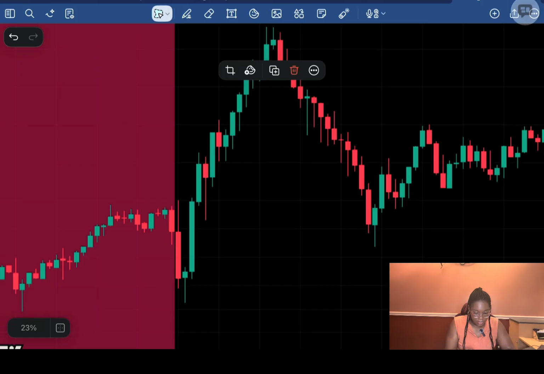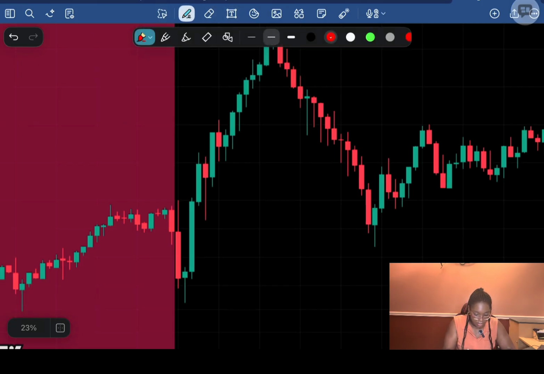And we see at this point right here, price breaks that and takes out all the liquidity that was resting right here, that was built up in that consolidation phase that I was talking about.